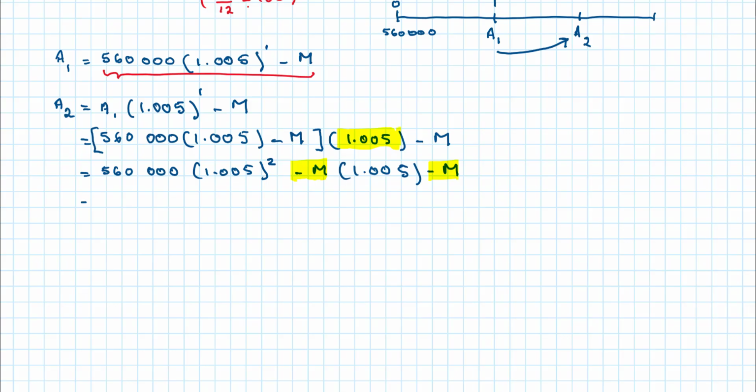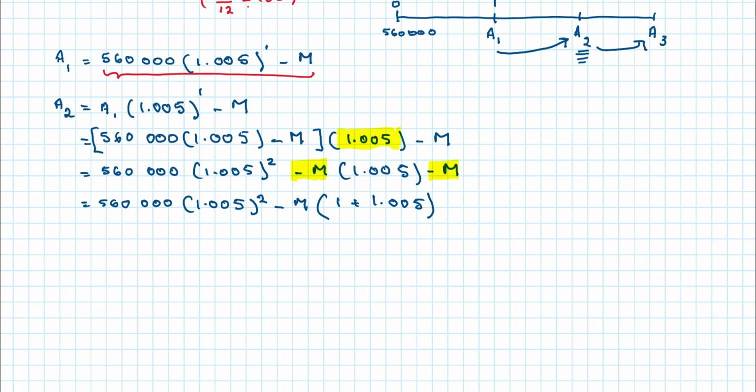So I'm going to leave my first term alone, 560,000 times 1.005 squared, minus M. And then I'm actually going to write my factorization the other way, 1 plus 1.005. That's A2.